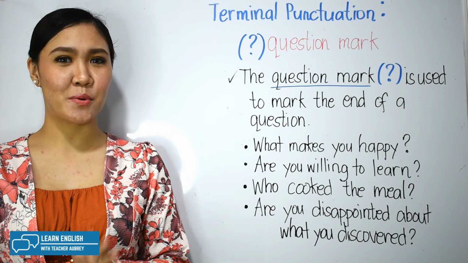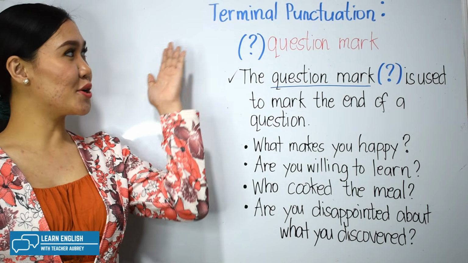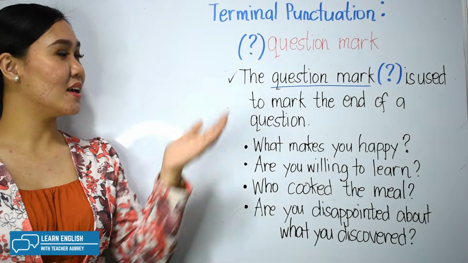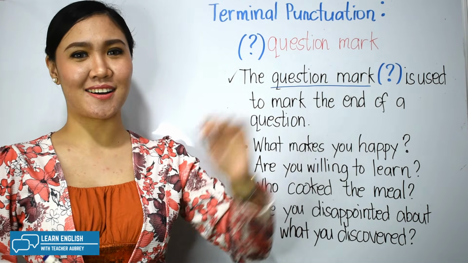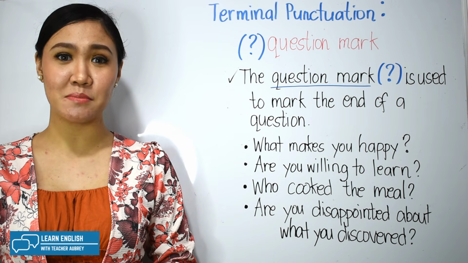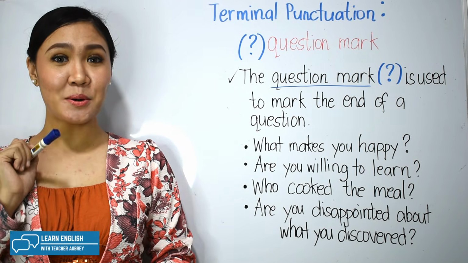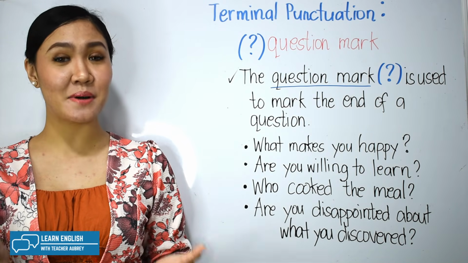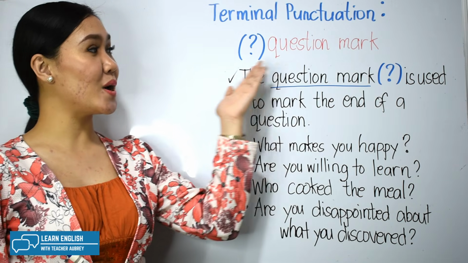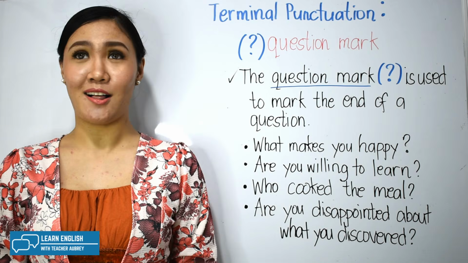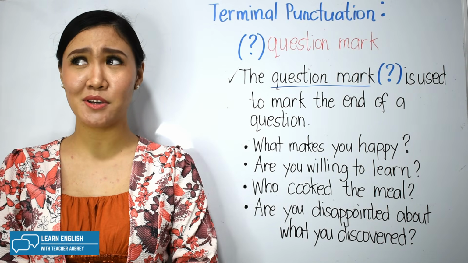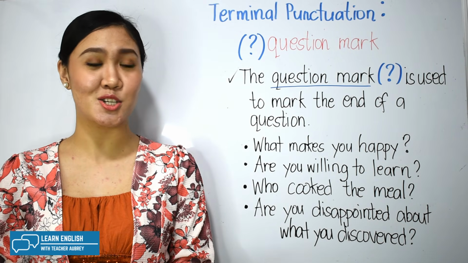Let us now have our third and last terminal punctuation, which is the question mark. Question mark. Or in Filipino, tinatawag yan bilang tandang pananong. Tandang pananong. In English, question mark. Saan nga ba natin siya ginagamit? Well, obviously, question mark, we use that for asking questions.